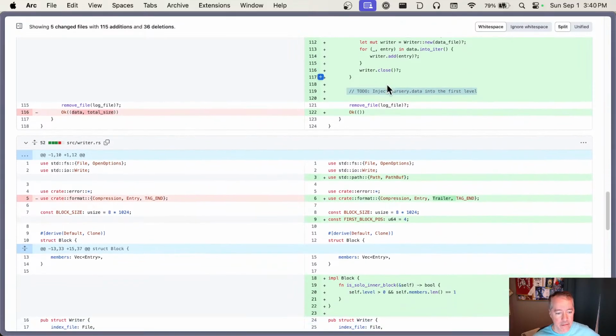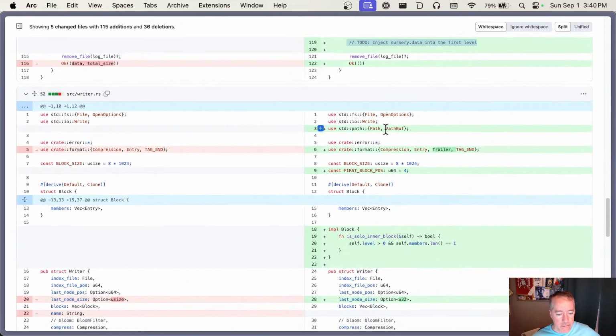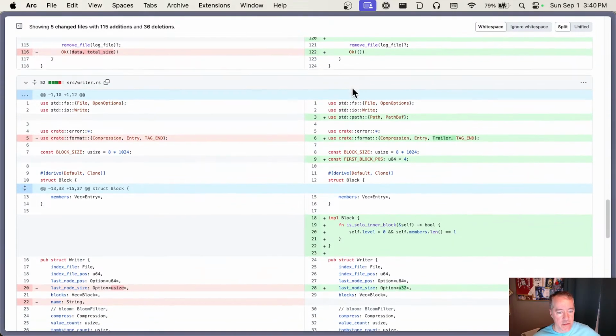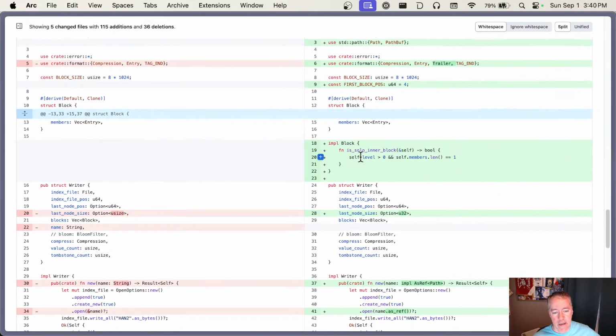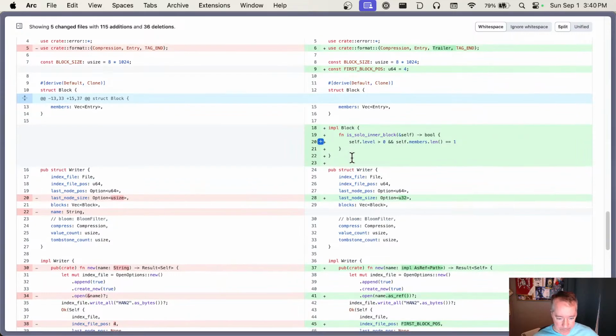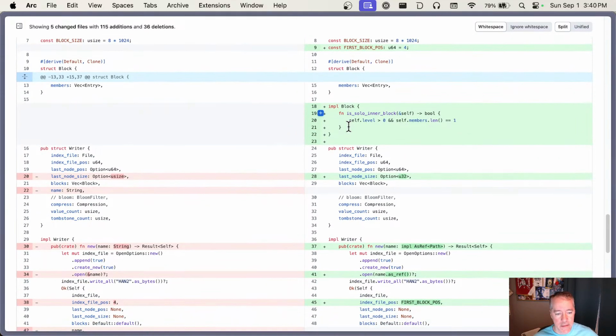Okay, so yeah, that was the nursery and the recovery. Looking at the writer, we added just a little simple function to determine if this is similar to a pattern match that we did in the Erlang side, where it's like, hey, if there's only one entry in this inner block, then we can just discard it because it's no longer the root.